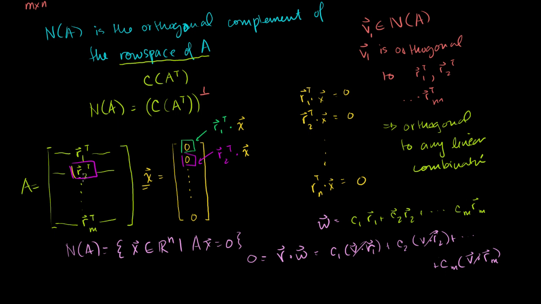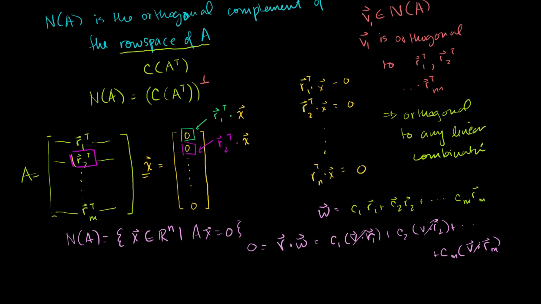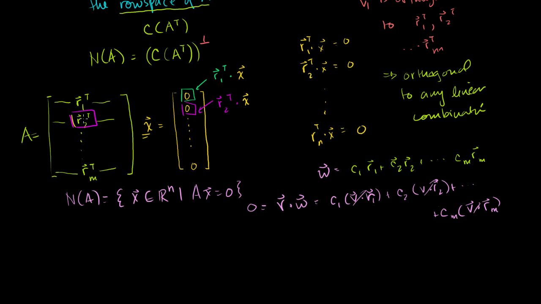So if you have any vector that's a linear combination of these row vectors, if you dot it with any member of your null space, you're going to get 0. So let me write it this way. What is any linear combination of these guys? Well, that's the span of these guys, or you could say that's the row space.